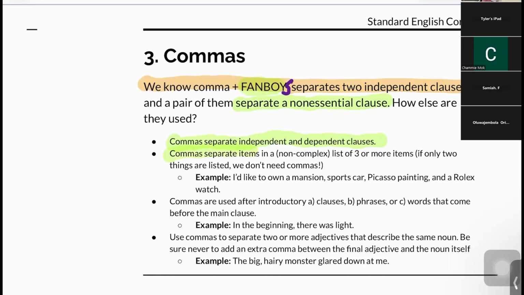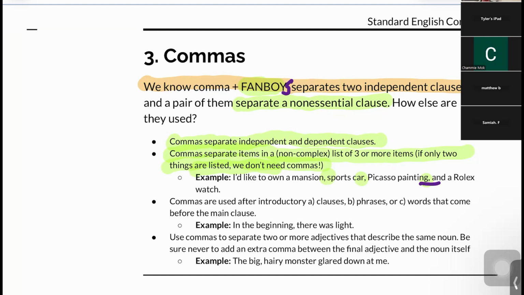Commas separate items in a non-complex list of three or more. Looking at this example, if we have the list, I'd like to own a mansion, a sports car, and a Picasso painting. Notice after each item on this list, we're using a comma. And if you've heard of a thing called an Oxford comma, the SAT operates with that.